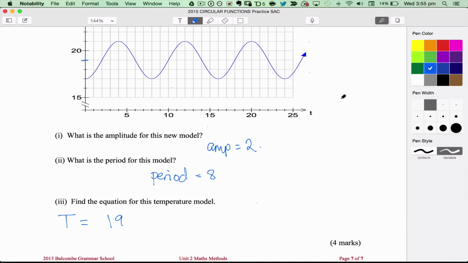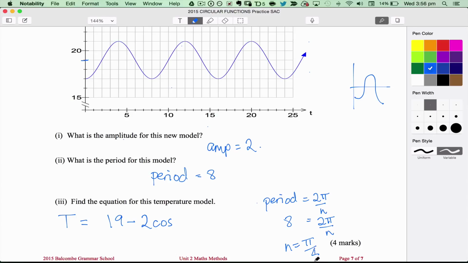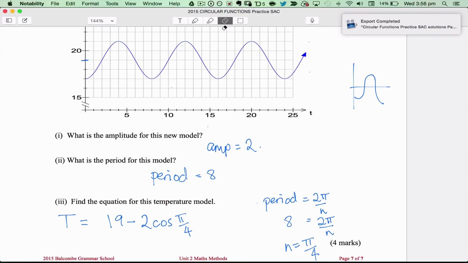It's a negative cos graph, looking something like that. So it'll be 19 take away, amplitude is 2, cos, period is 2 pi over n, period is 8, n equals pi over 4, not x, t.